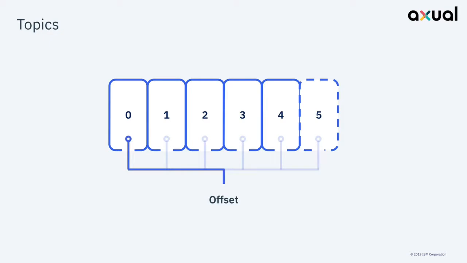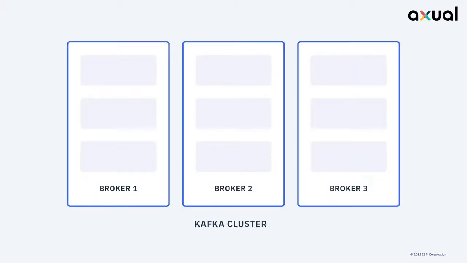But we have a topic, which is the core grouping of types of events in Kafka. We've got all of our records here. So this is our stream of events. And it's append only, so you always add on to the end. And they're numbered here, and that's known as your offset. Within a Kafka cluster, you tend to have brokers.